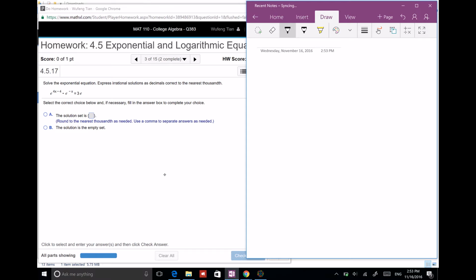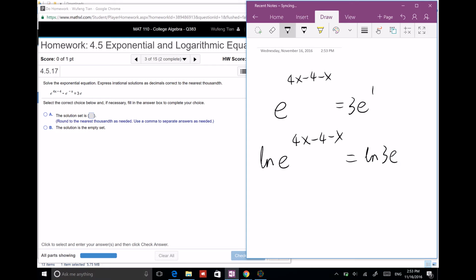e to the power 4x minus 4 minus x equals 3 to the power e to the power 1. I cannot change that to the same base because it's not an integer. Now what I need to do is take ln on both sides: ln e to the 4x minus 4 minus x equals ln 3e.